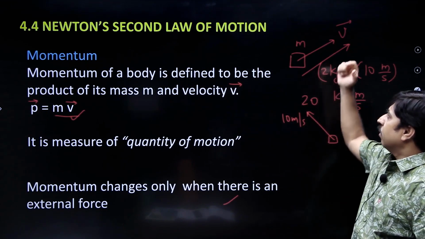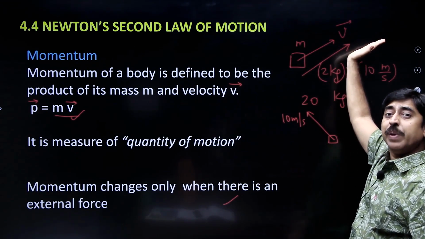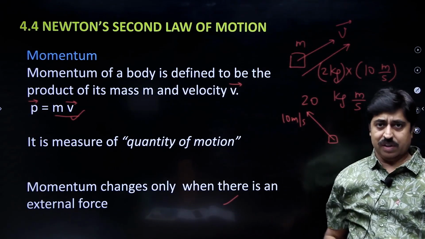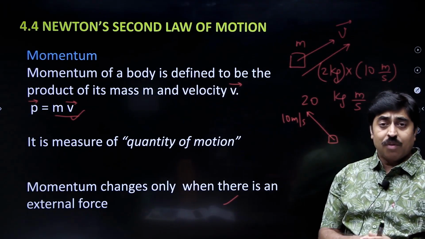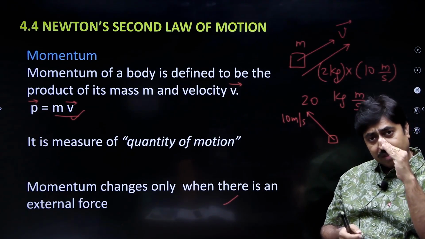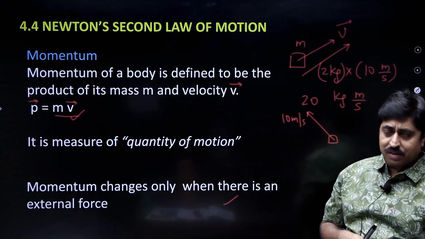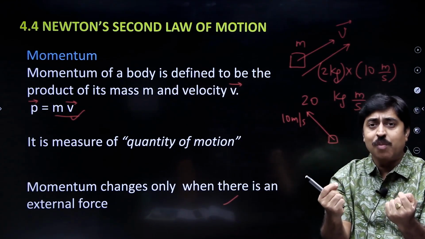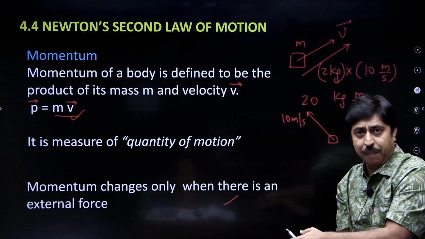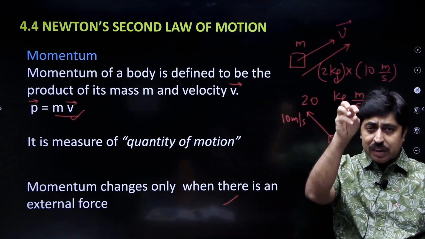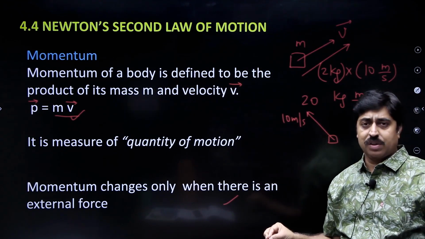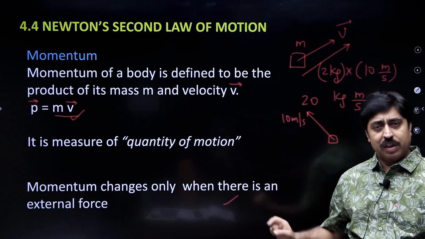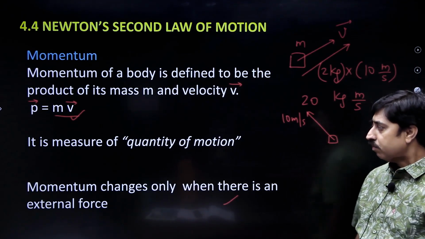Momentum changes means either the speed changes, or the direction of velocity changes, or both change. When that happens, only then will momentum change. And for this to happen, some external force is a must. In absence of an external force, there is no question of change in momentum of a body. That is what is being said here.